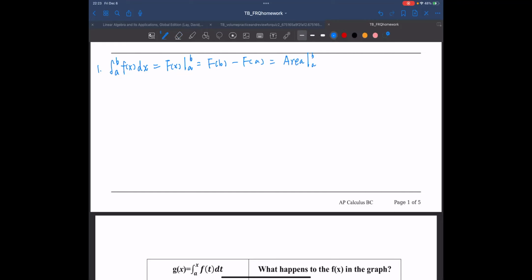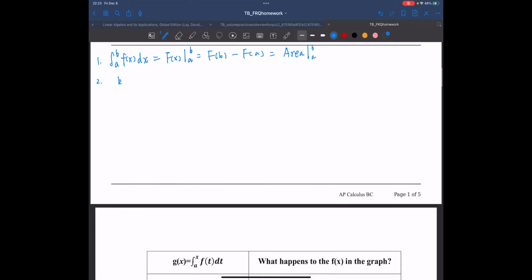And here are some properties. First of all, we can remind you about the constant multiple. If we want to write it the constant k, then we can write it as this kind of.